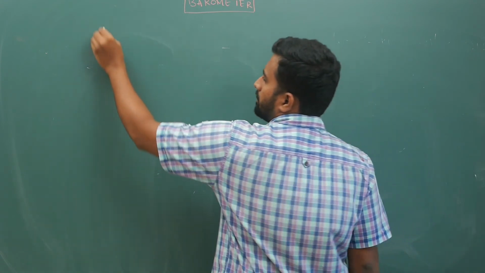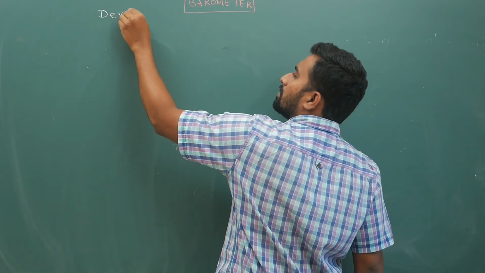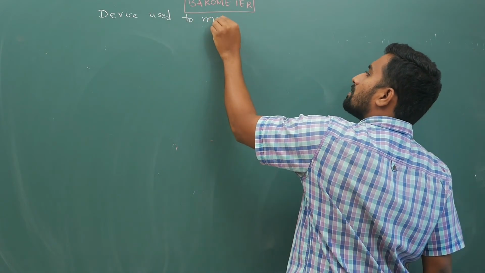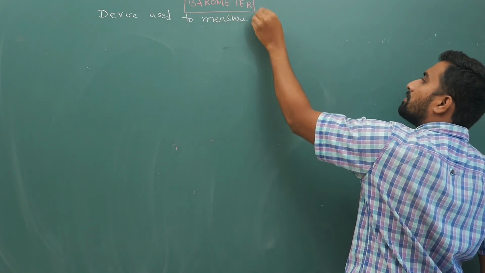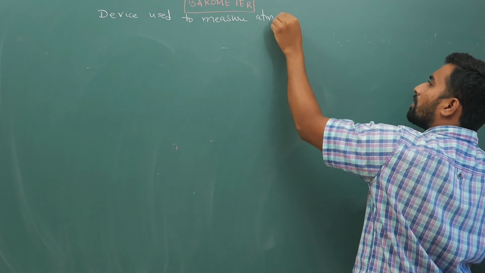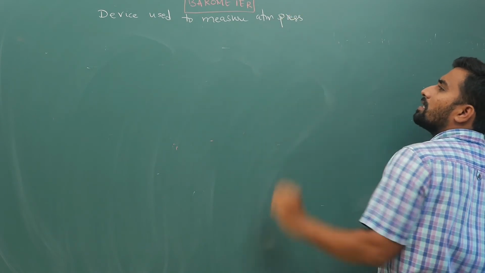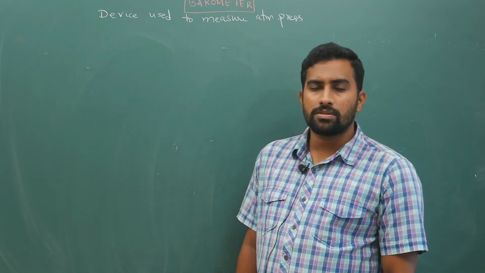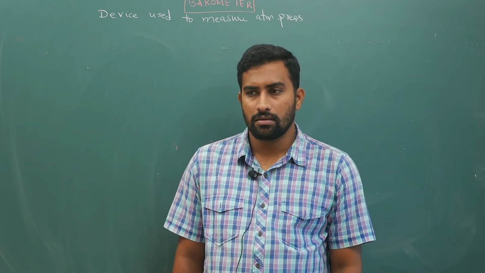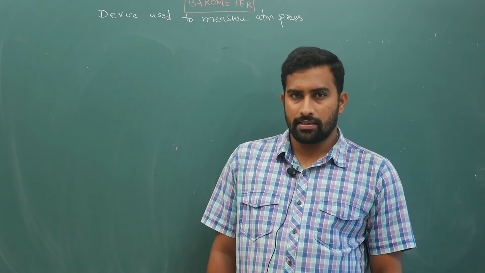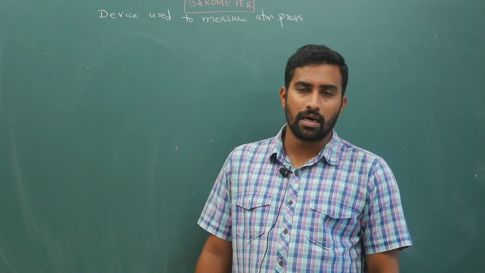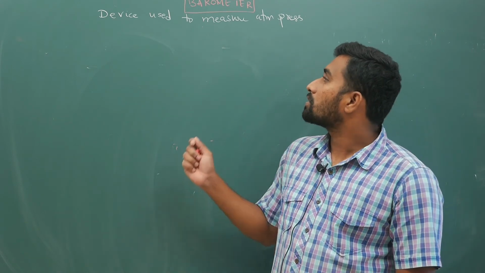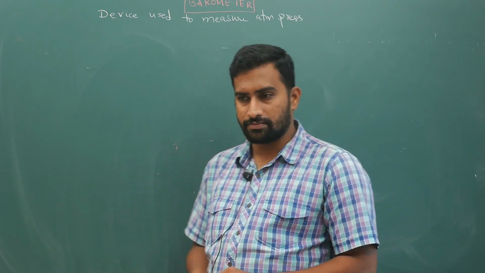Barometer is a device used to measure atmospheric pressure. In school level, they will explain about this. And manometer is a device which is used to measure pressure of gas. Atmospheric pressure, barometer. Particular gas pressure, manometer. So, what is barometer?